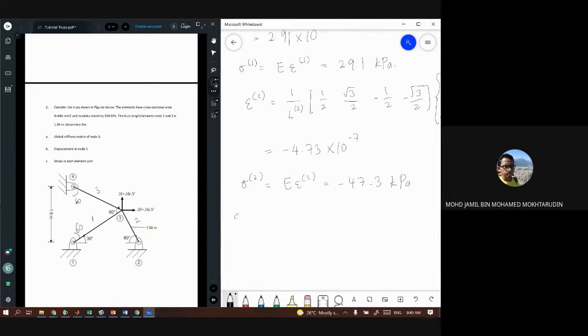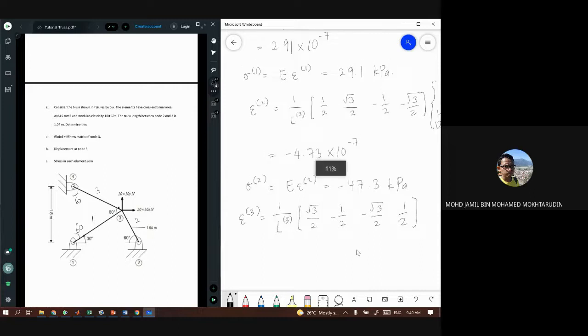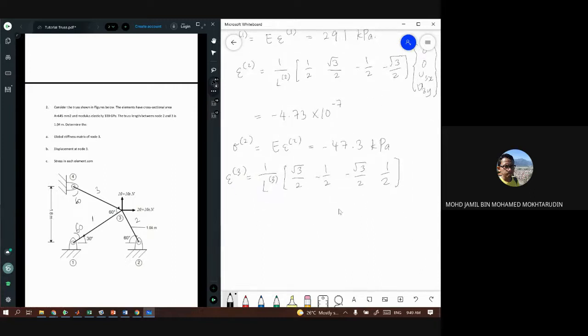Okay, and lastly for element number 3, the displacement is for node number 3 and node number 4.